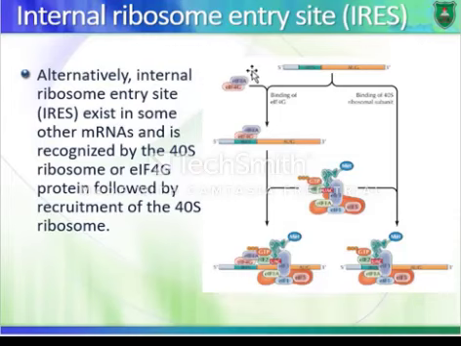IRES is an RNA element found in the 5' untranslated region that can be directly recognized by the small ribosomal subunit or through first binding with eukaryotic initiation factor 4G, followed by recruitment of the small ribosomal subunit.